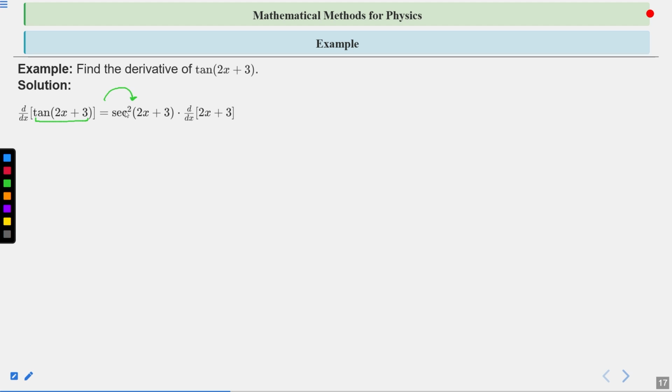After that, the derivative of 2x plus 3 is 2, because derivative of 2x is 2 and 3 is constant. So derivative of 3 is 0. So final answer is sec square 2x plus 3 into 2. I hope this is clear.